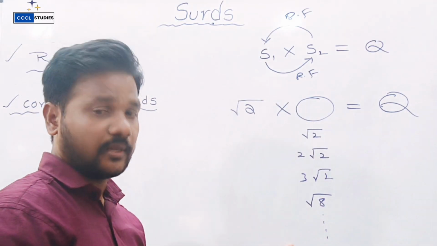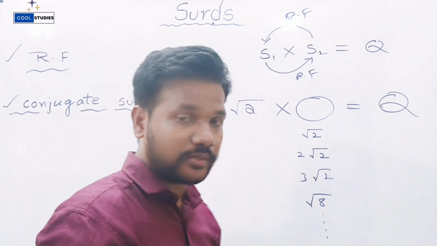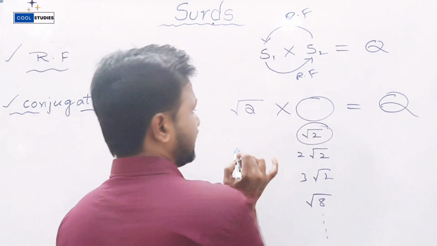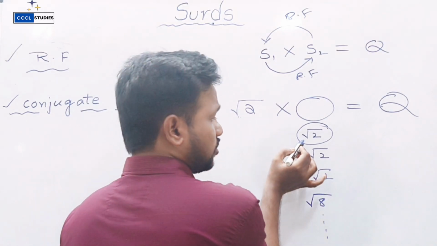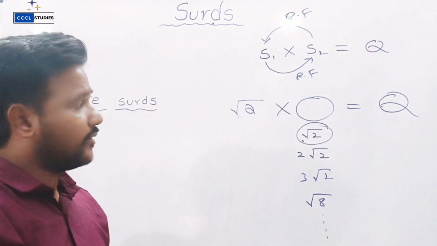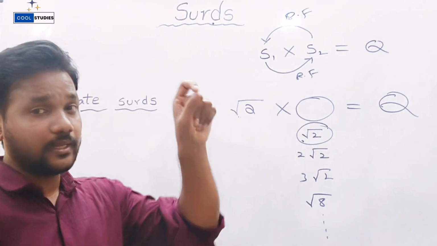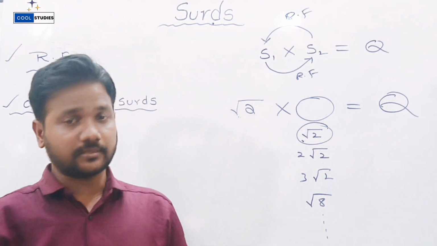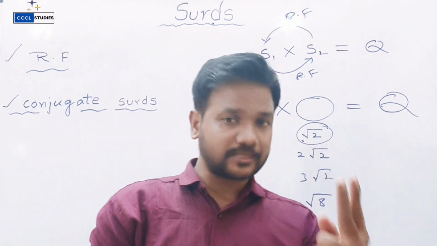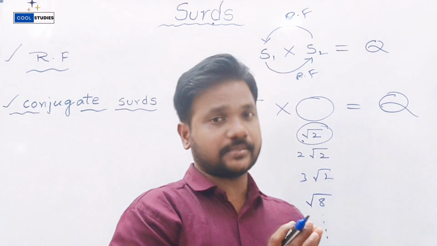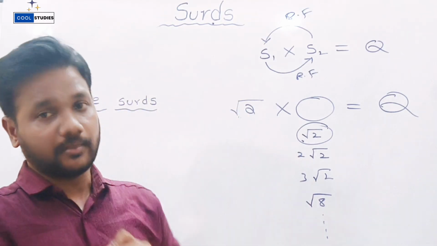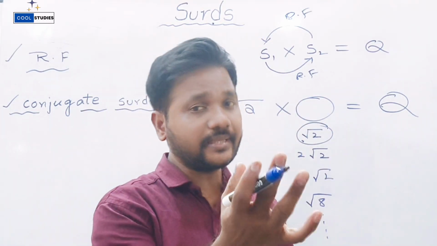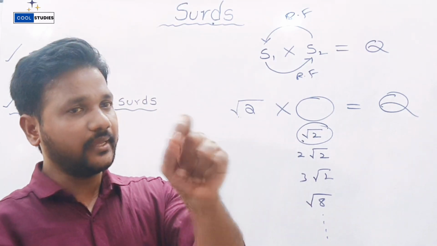All are satisfied, but we have to give the simplest number first, that is root 2. So you can say that for root 2, root 2 is a rationalizing factor. Rationalizing factor means the product of two surds becomes a rational number. Then only the two surds are called rationalizing factors to each other.